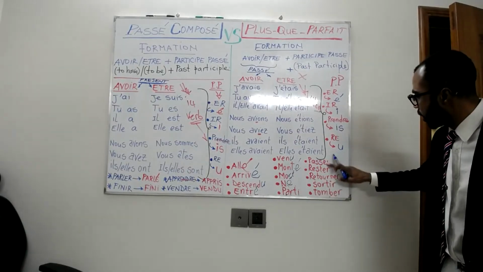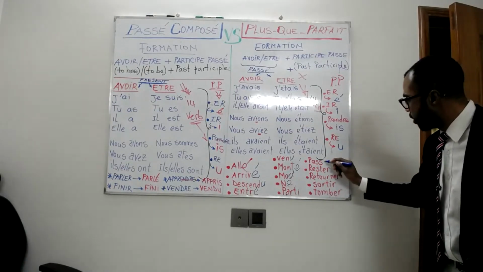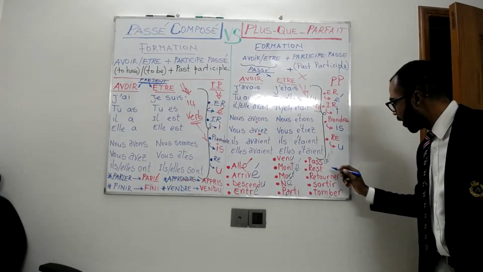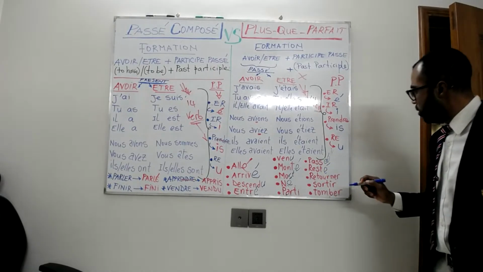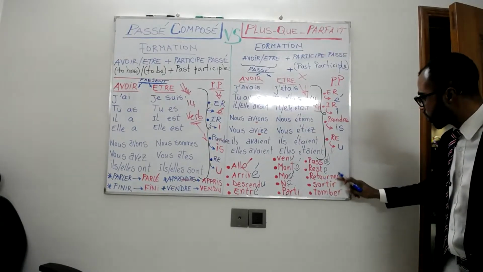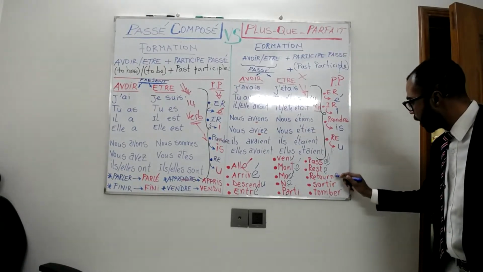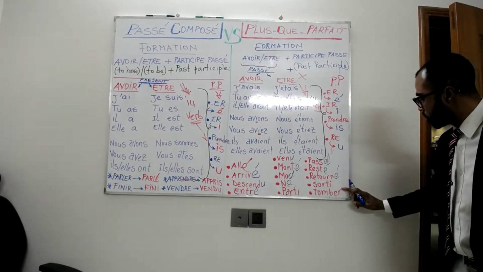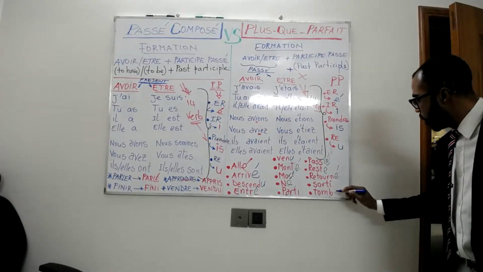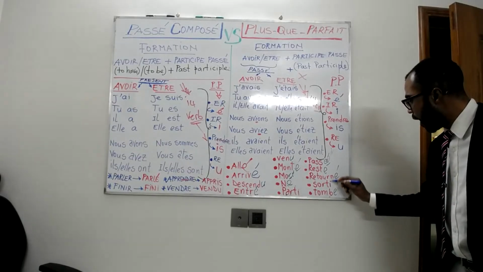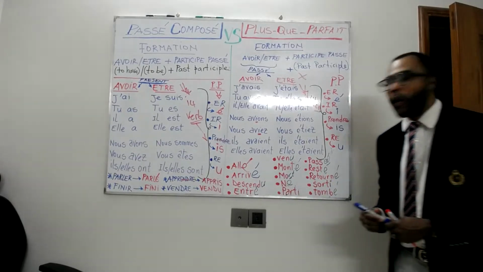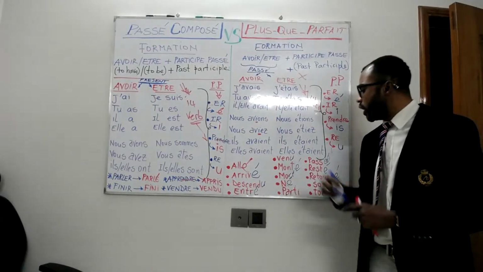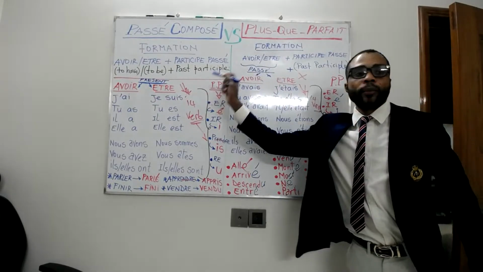Passer, ending with ER, so it's very easy. Rester, ending with ER as well. Retourner, with accent, so mostly ER verbs don't change. Sortir, sorti, tomber, all right, with I. So here we have all the past participles of these 14 verbs exclusively used with the verb être.